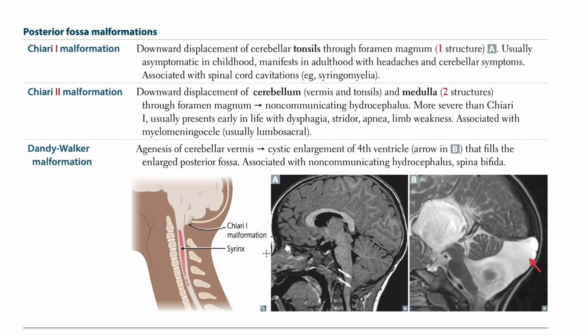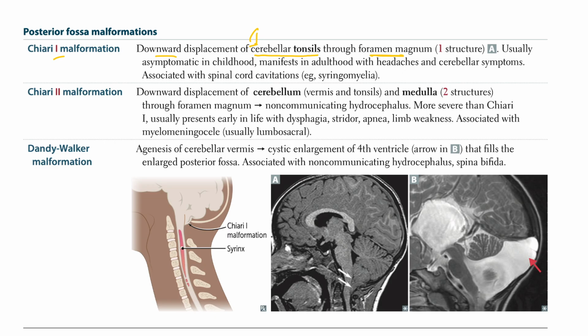In posterior fossa malformations, we have the Chiari 1 malformation and Chiari 2 malformation. Chiari 1, as the name suggests, involves only one thing. Chiari 1 is the downward displacement of one thing, the cerebellar tonsils, through the foramen magnum.